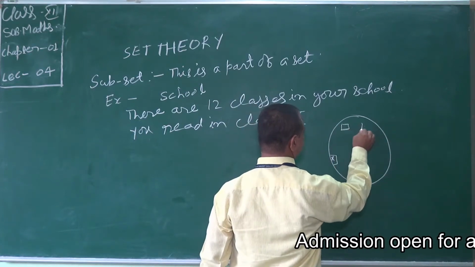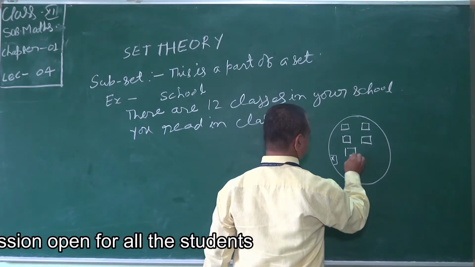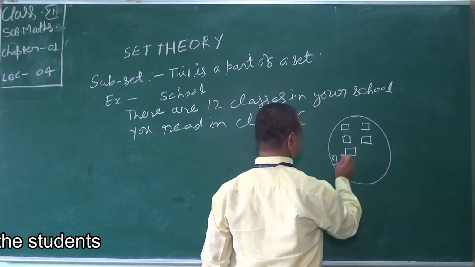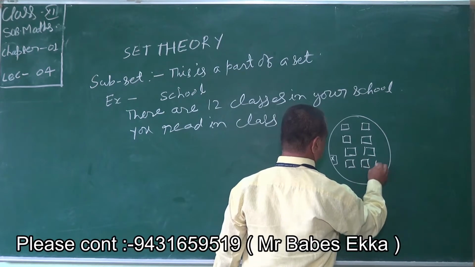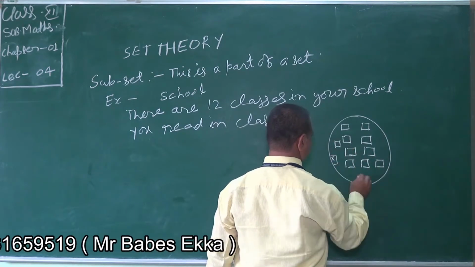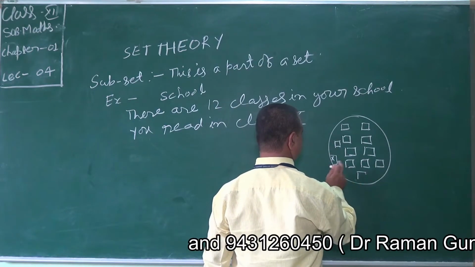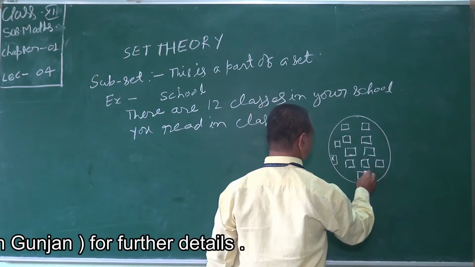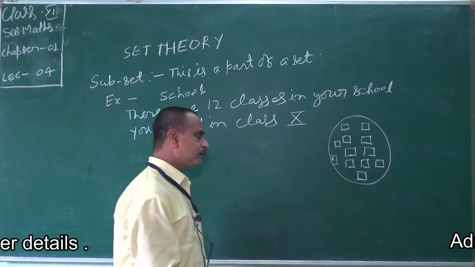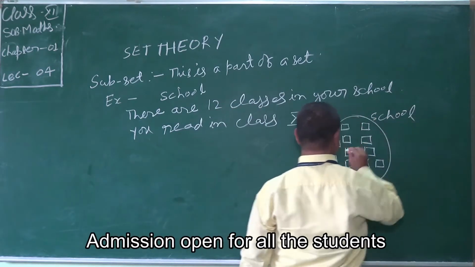You locate them by symbol: 1, 2, 3, 4, 5, 6, 7, 8, 9, 10, 11, 12. There are 12 classes in your school, and your class is here.